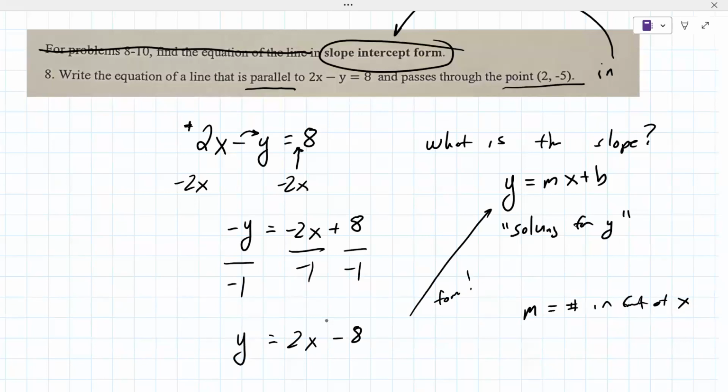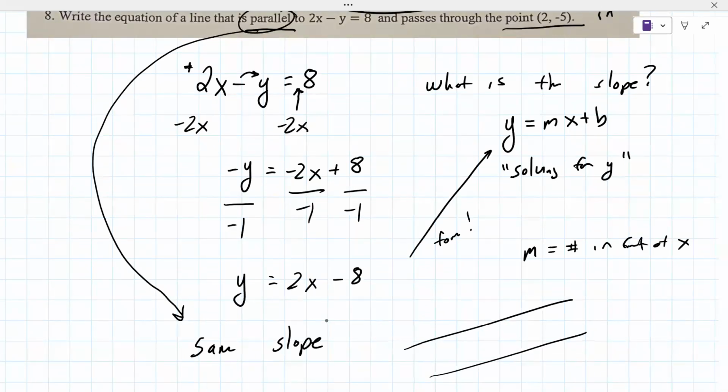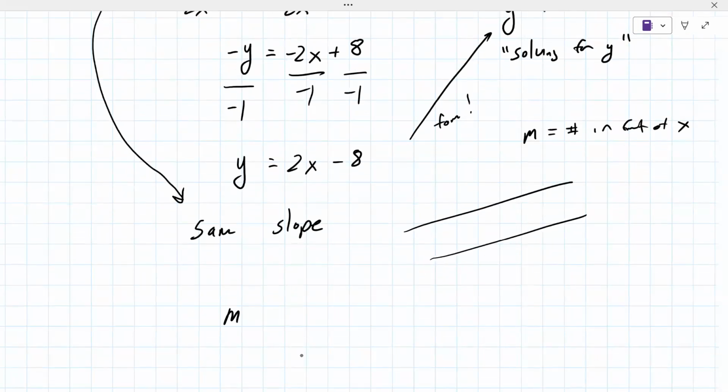Now this is a mixed problem where you've got a lot of things going on. Parallel means same slope. Parallel lines have the same slope. You know, streets that go in the same direction have the same slope. So the slope of your new equation is 2, and it passes through the point 2 comma -5.